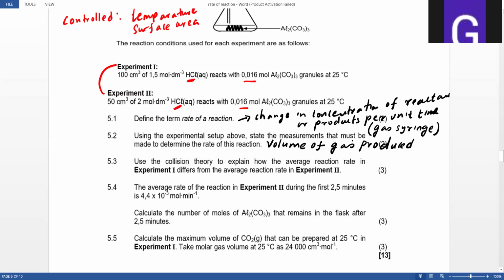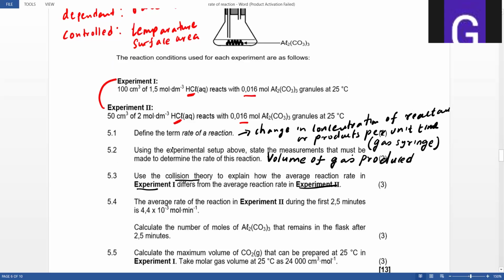Right. Then, use collision theory to explain how the average reaction rate in experiment 2 will differ from the average reaction rate in experiment 1. We need to use collision theory.